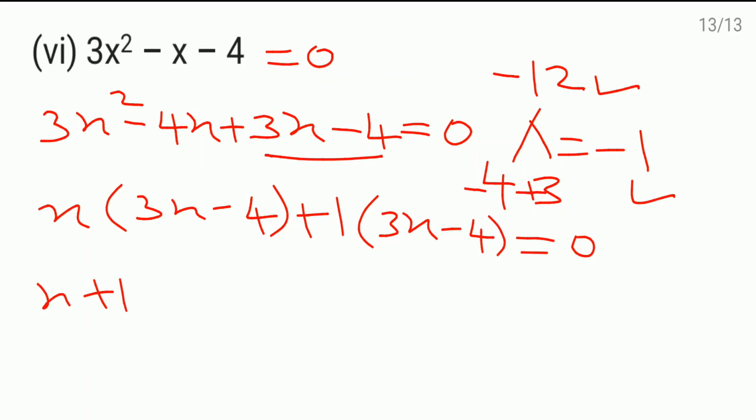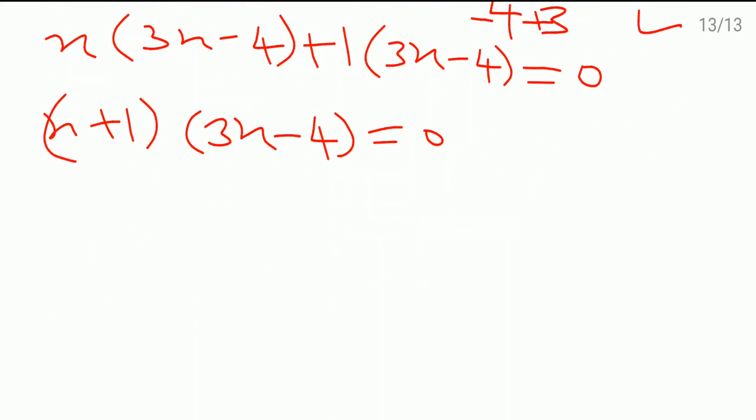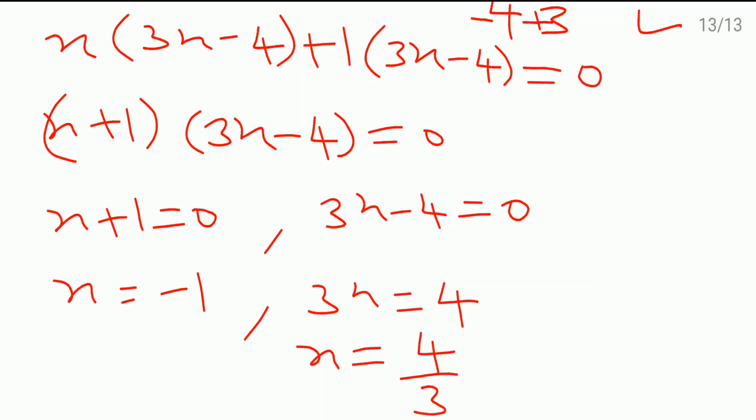Now x plus 1 in one bracket and 3x minus 4 in the another bracket. We'll compare each bracket with 0. So x plus 1, which is equal to 0, and here 3x minus 4, which is equal to 0. So x is equal to minus 1, 3x which is equal to 4, and x which is equal to 4 by 3.